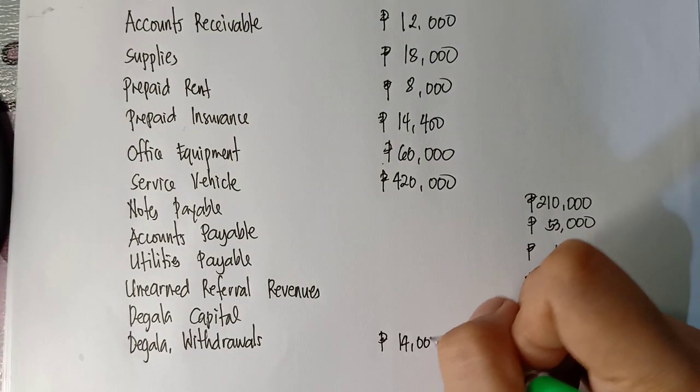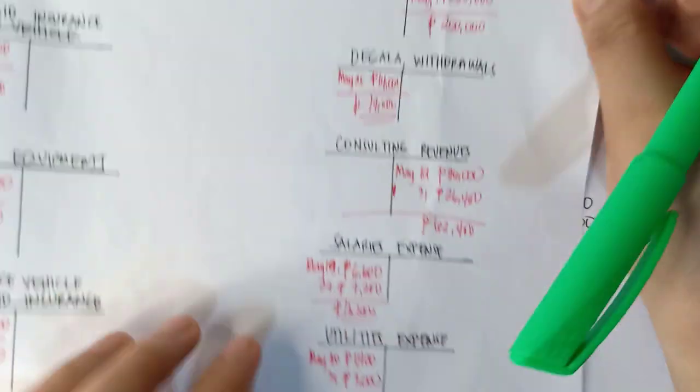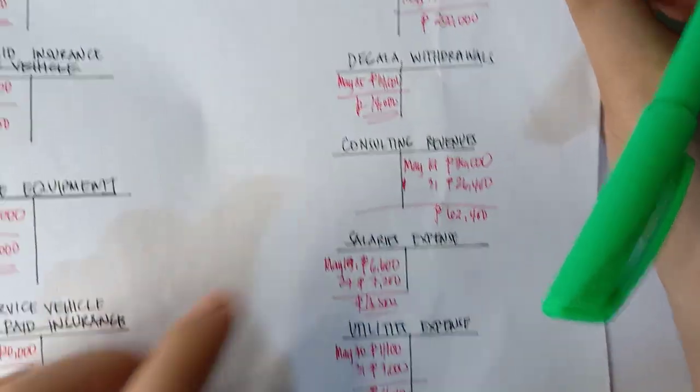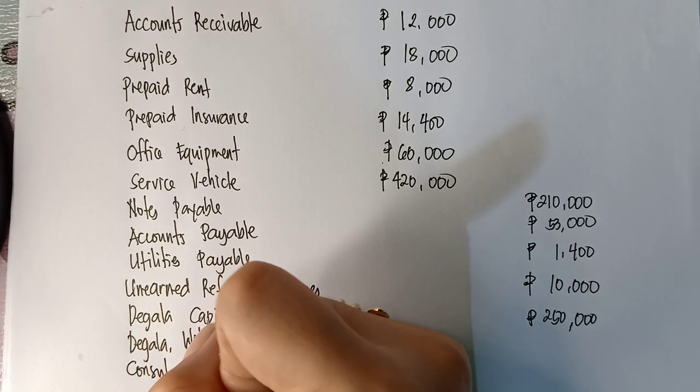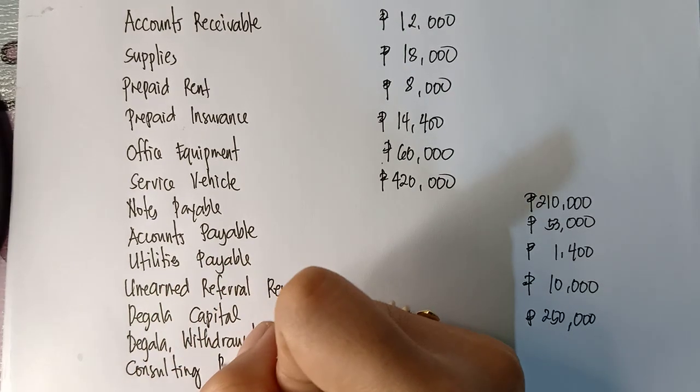Okay, next is consulting revenues on the credit side, 62,400.